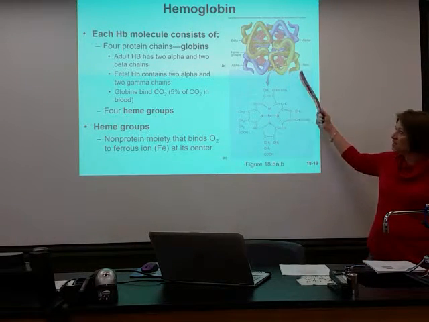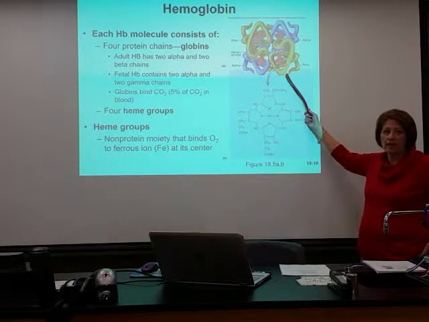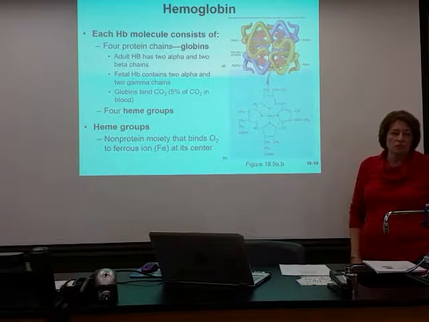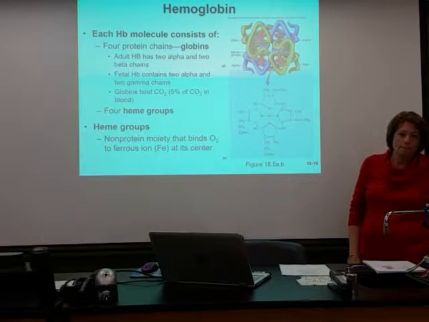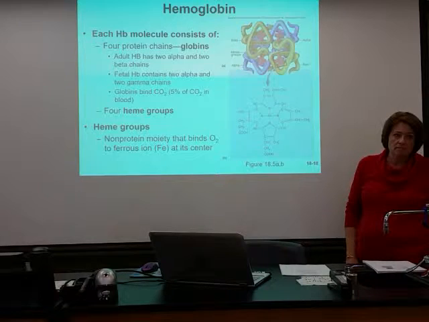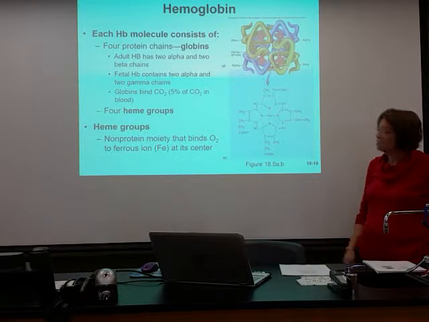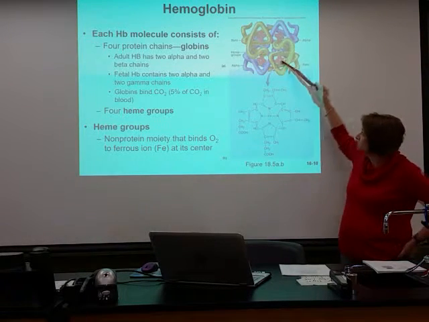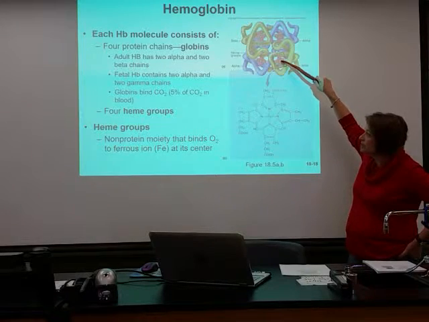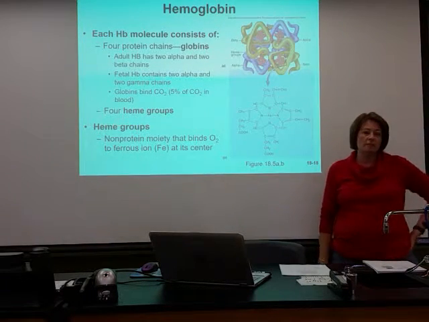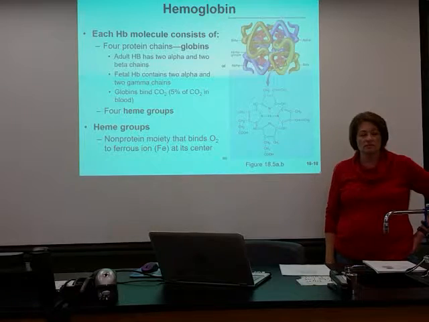How many of these, because this is a hemoglobin, okay? How many of these were in one red blood cell? Over 280 million. This heme group, the middle of it for the iron, what is it like to bind? Oxygen.